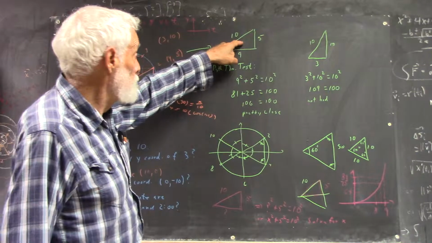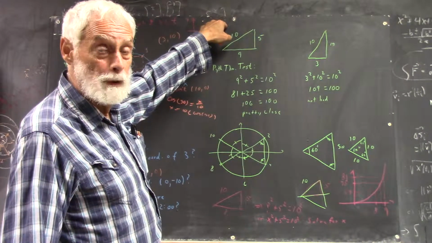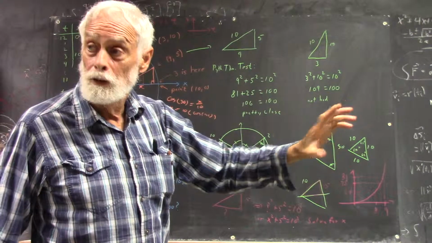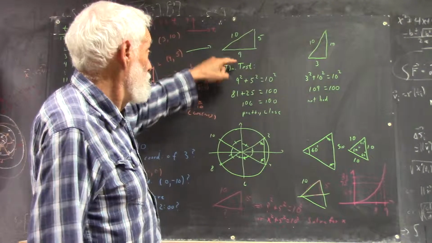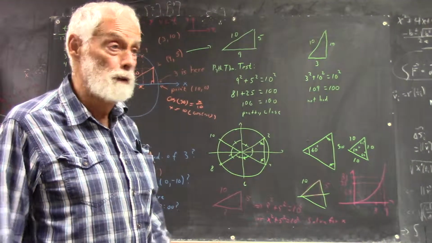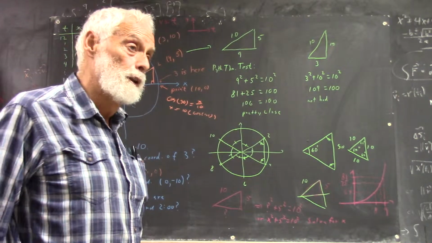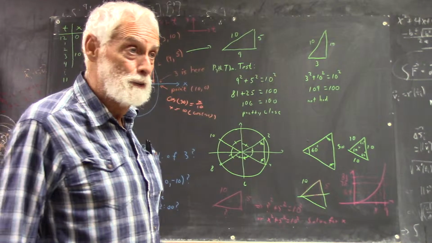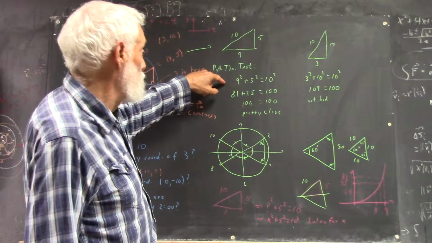So we draw that right triangle here again and label the sides, and what has to be true if these are accurate, and of course it's impossible to estimate them with complete accuracy, is that the square of this plus the square of this has to equal the square of this. That's your Pythagorean theorem. That's just something you've got to always know, because you'll never get away from the need to know it and be able to apply it when you need it. So there it is, Pythagorean theorem test.